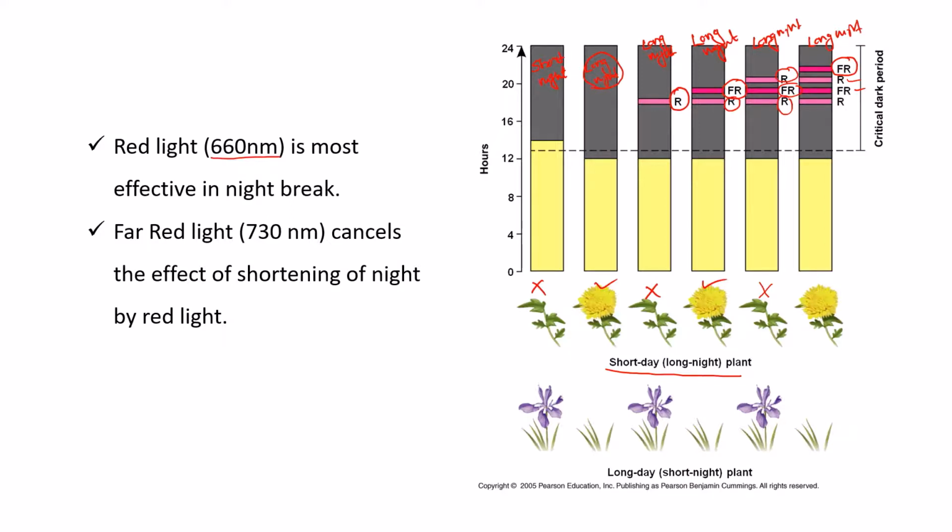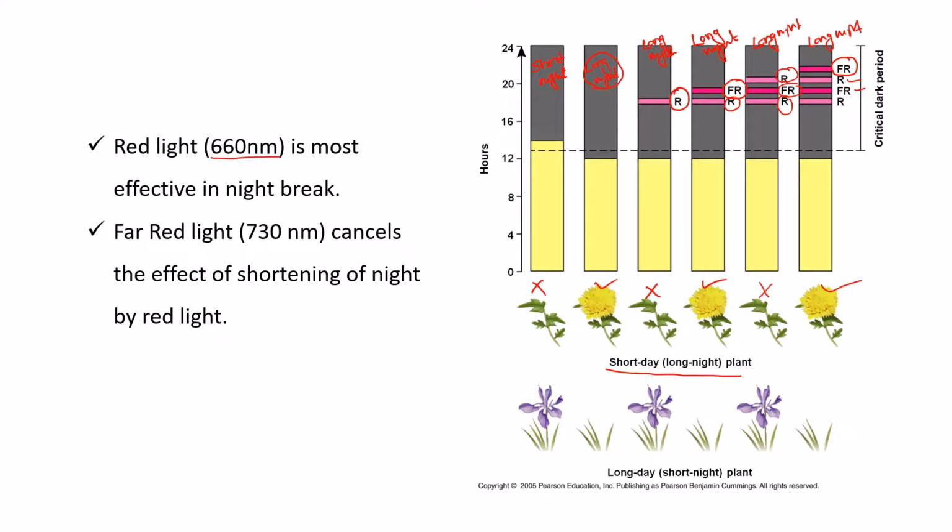That's why you can see flowering. So in short day plants, if far red light is given last, after the red light, you can see flowering. That you have to remember.